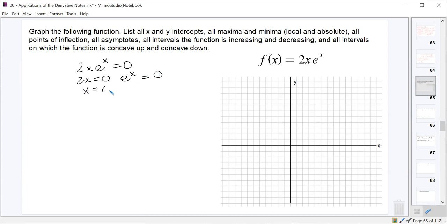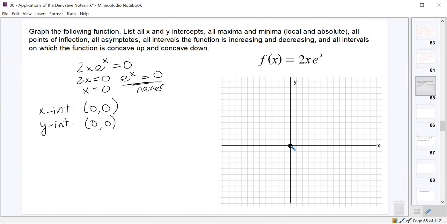That tells us that x is 0, and this is never true. So we seem to just have an x-intercept of (0, 0), which happens to also then be our y-intercept. So we'll just plot the point of the origin.